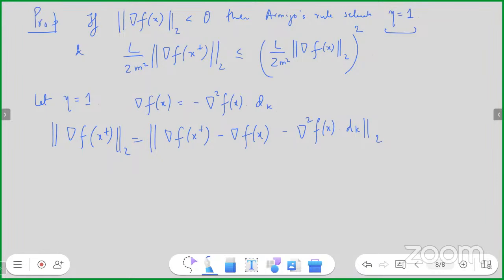So if you wanted to prove something like this, what would you have done? Sorry? Triangle inequality. Will it give you the square?